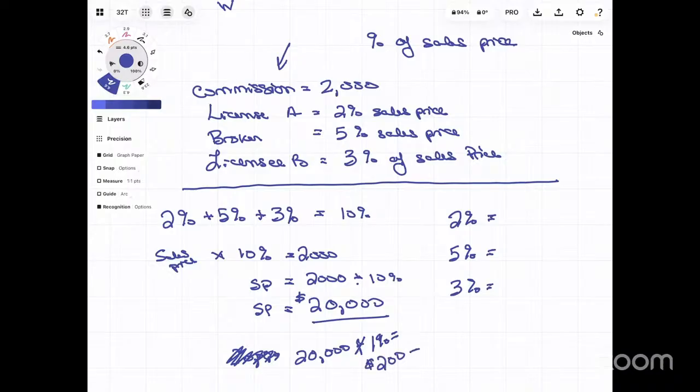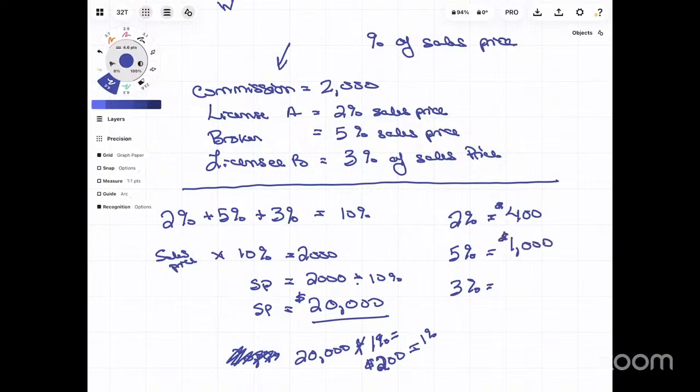So if this is 1%, then 2% has to be $400. 5 times 2 would be $1,000.